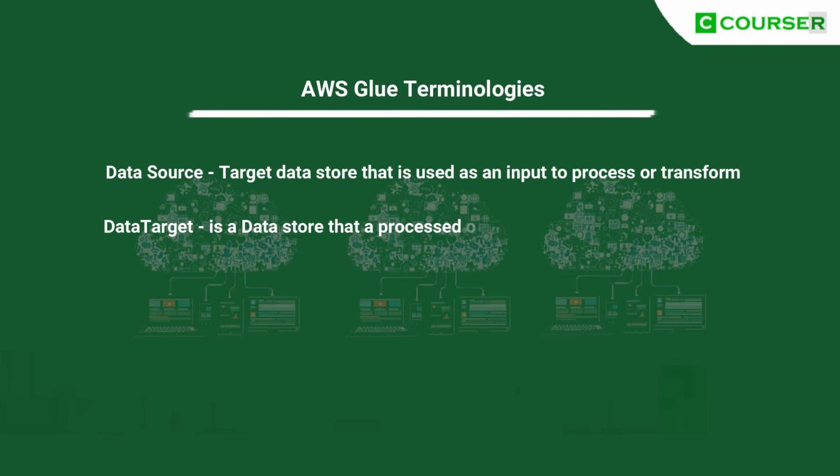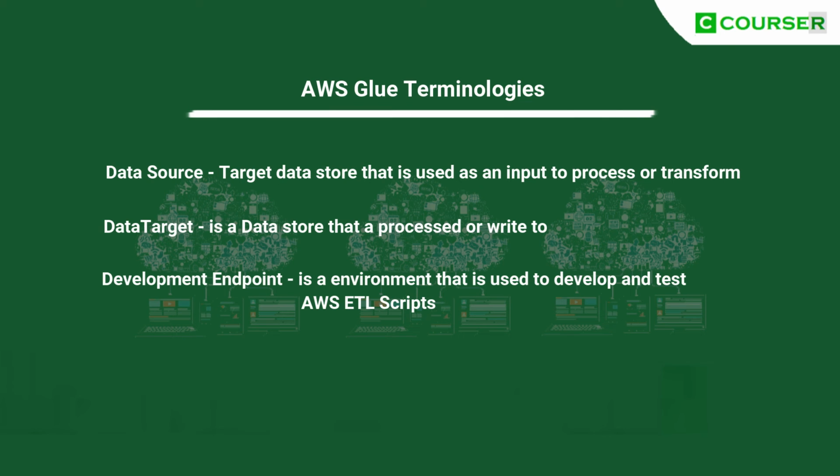A data target is a data store that is processed or written to. And a development endpoint is an environment that is used to develop and test the ETL scripts.